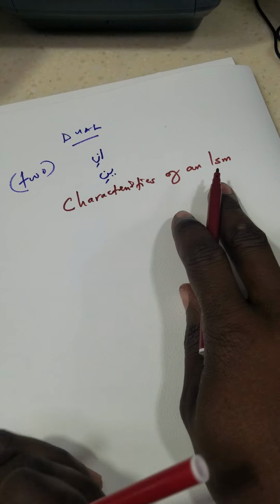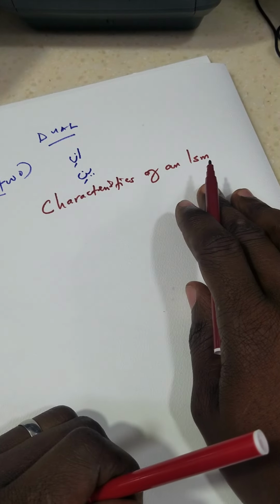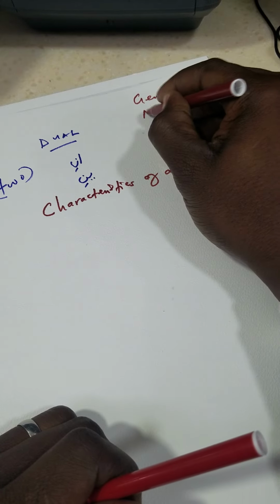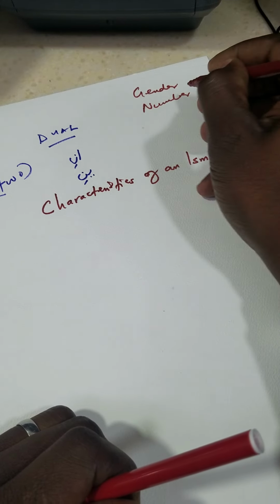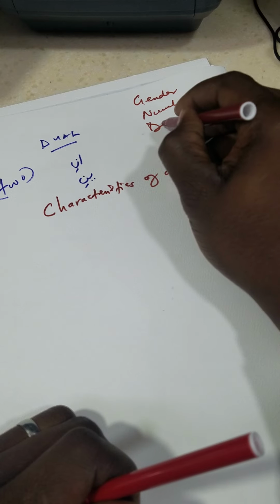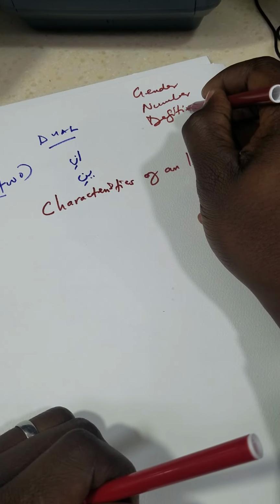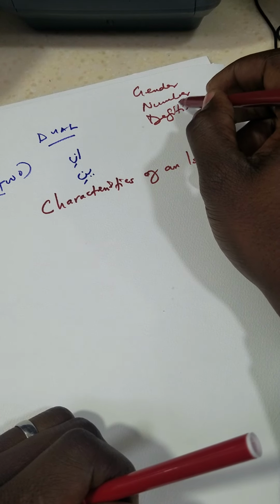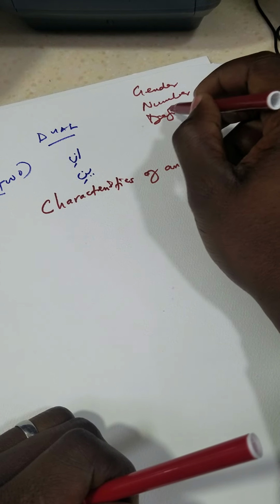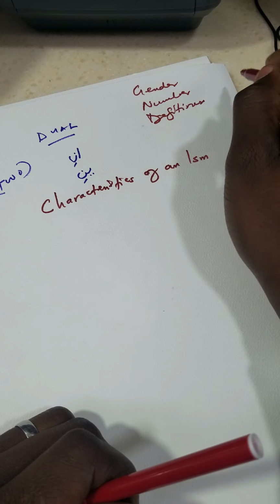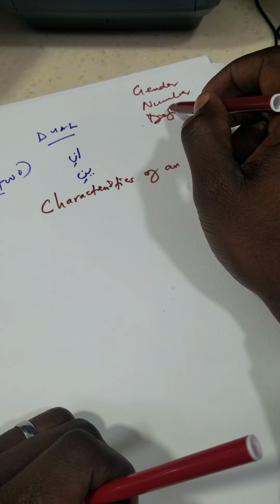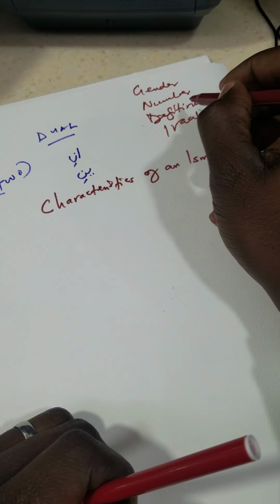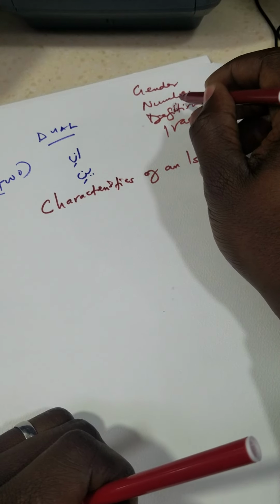And we said that when we look at an isim, we can tell its gender, its number, we can tell its definiteness, and we can also tell its irab.